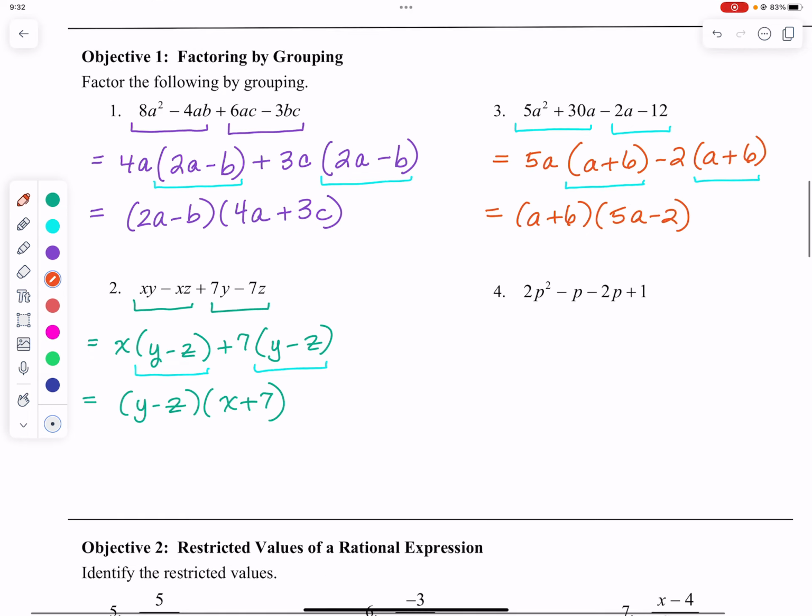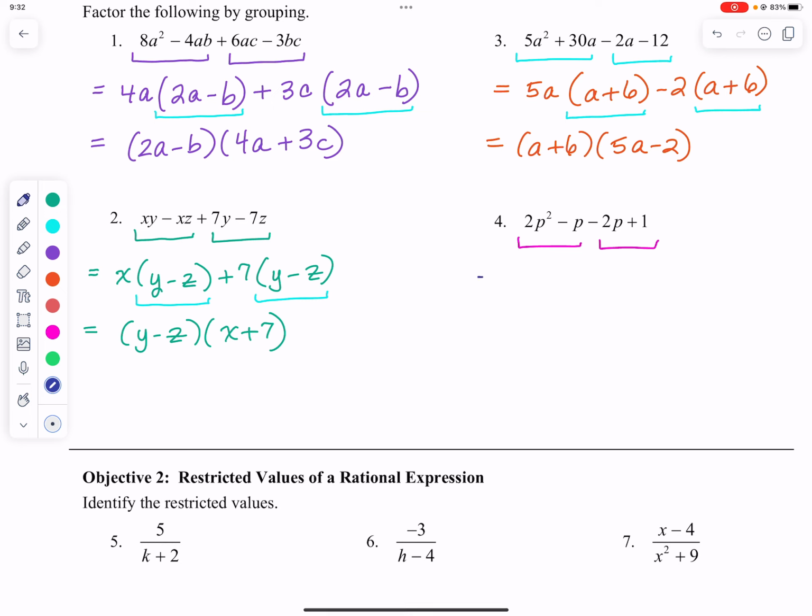Looking at number 4, we will take a look at each of these two terms first. And we have just a p in common, and we're left with 2p minus 1. And here I can just take a negative out, and I have 2p minus 1.